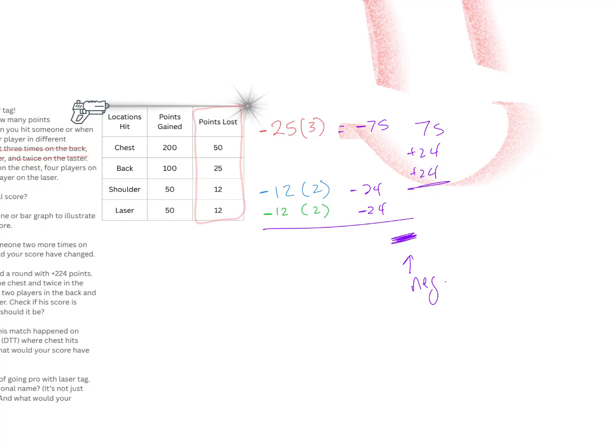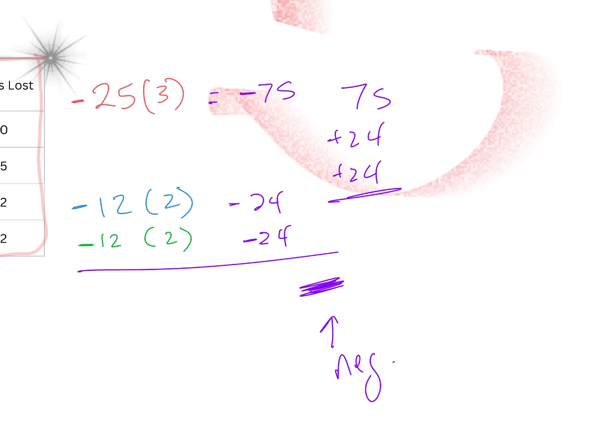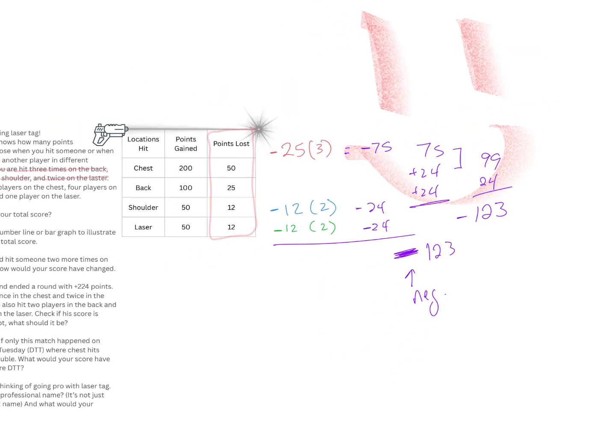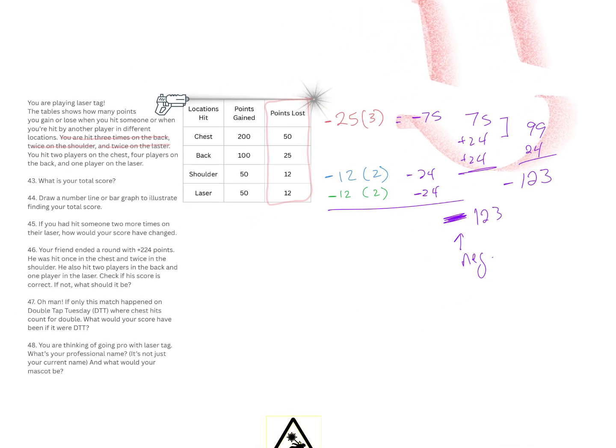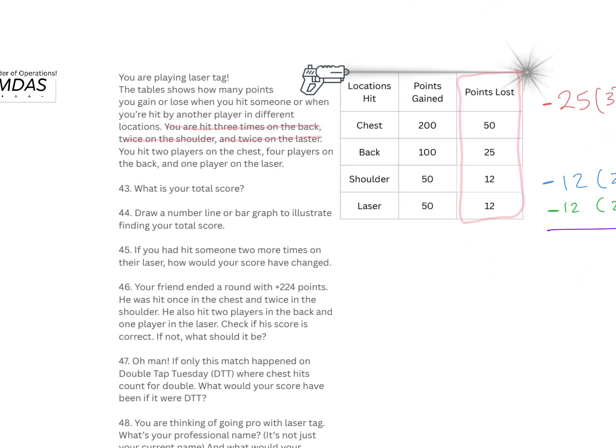Or you could just do subtraction. So anyway, here's what I'm going to do. 75 plus 24, that's 99. So 99 and then another 24, that's 123 negative. Okay, so we've lost 123 points based on how we were hit. Okay, let's go over here and read some more.